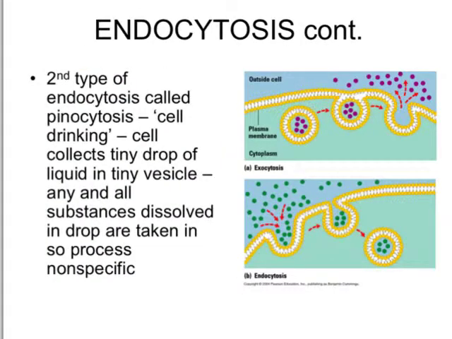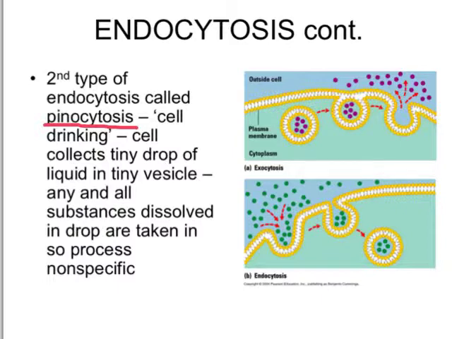Another type of endocytosis, bulk transfer bringing stuff into the cell, is what we call pinocytosis, and it's like phagocytosis, but on a smaller scale. The cells are drinking, in a sense. They're not eating lots of stuff. They're drinking small drops of liquids and substances. It's not very specific like transport proteins at all.